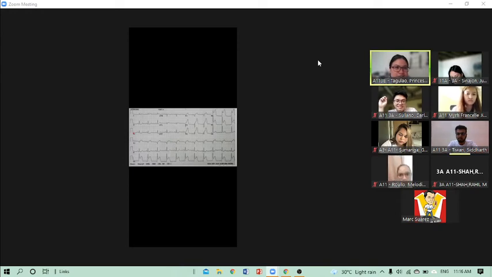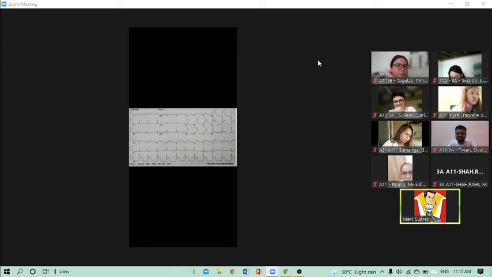So we will try to do a schematic illustration. What should we do first, ST depression or ST elevation? What do you want? Elevation na lang. Okay. So again, as with all ECGs, this is the P wave. This is the Q wave.